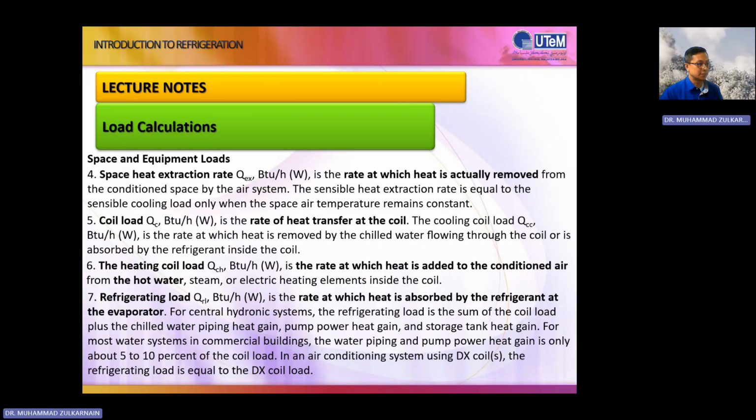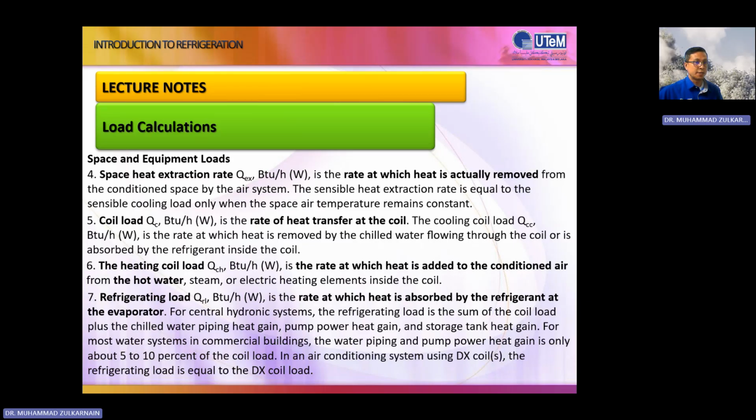So for most water systems in commercial buildings, the water piping and pump power heat gain is only about 5 to 10% of the coil load. So from these parameters, we can calculate the conditioning treatment in the space.